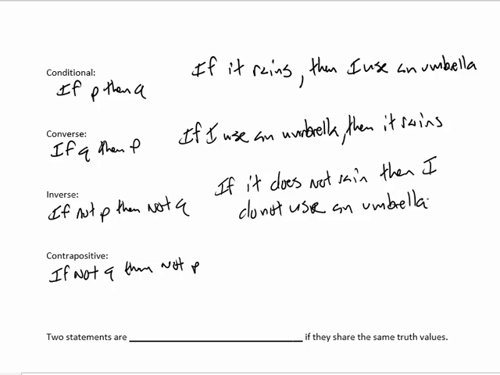And then the contrapositive would be if I do not use an umbrella, then it does not rain.